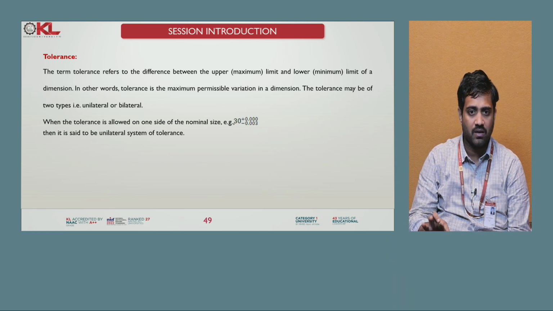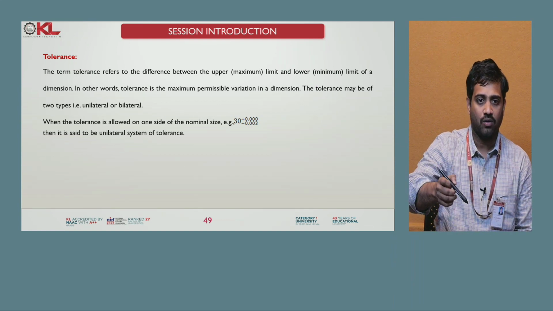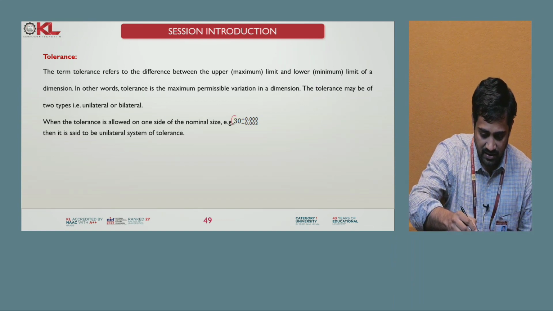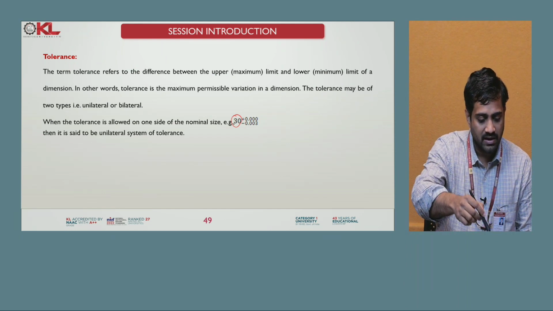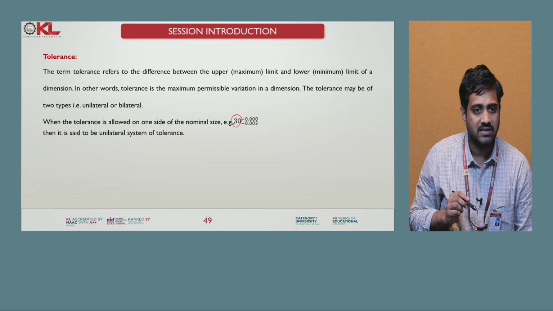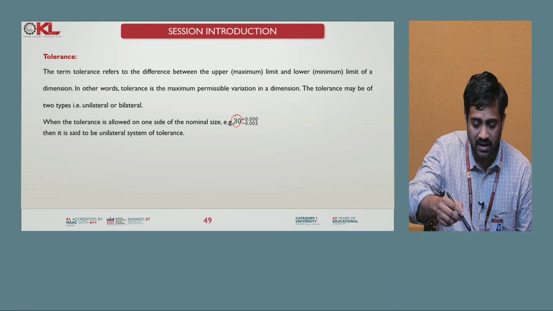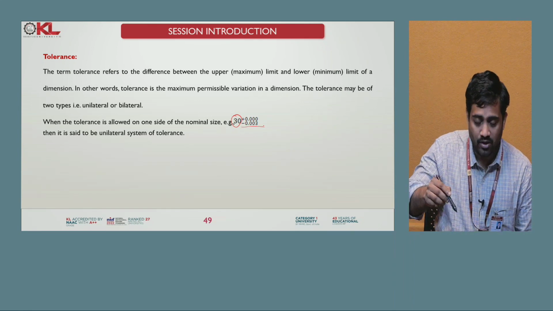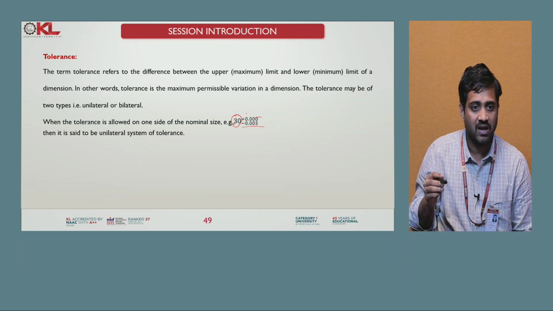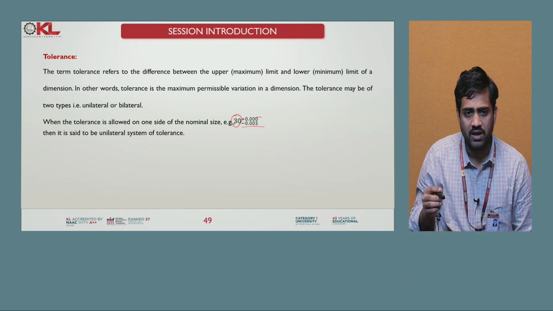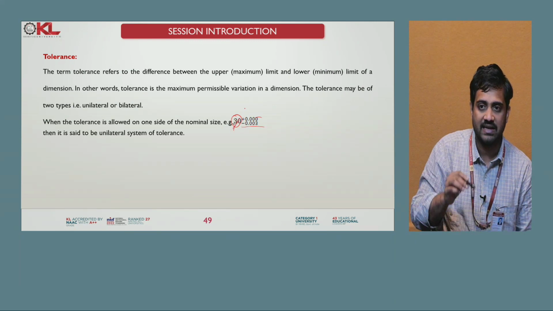Whenever a tolerance is allowed on one side of a nominal size, as you see here with a nominal size of 30 diameter, it is called unilateral, because the tolerance is allowed on only one side of the nominal size. On one side it is minus 0.03, on the other side it is 0. Here the tolerance is allowed only on one side for the nominal size 30.